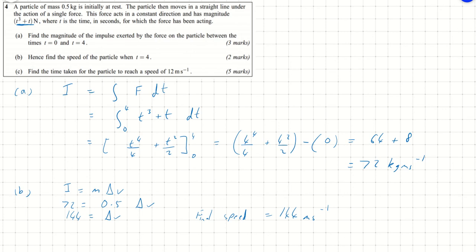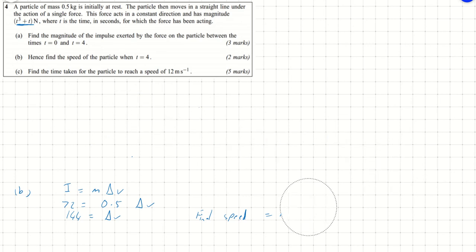Okay, and the final question is, I guess, the hardest one. Find the time taken for the particle to reach a speed of 12 meters per second. Actually in this question, we're almost going to combine the two formulae that we used in parts A and B. So let's have another look at this. Part C. Now we're reaching a speed of 12 meters per second.